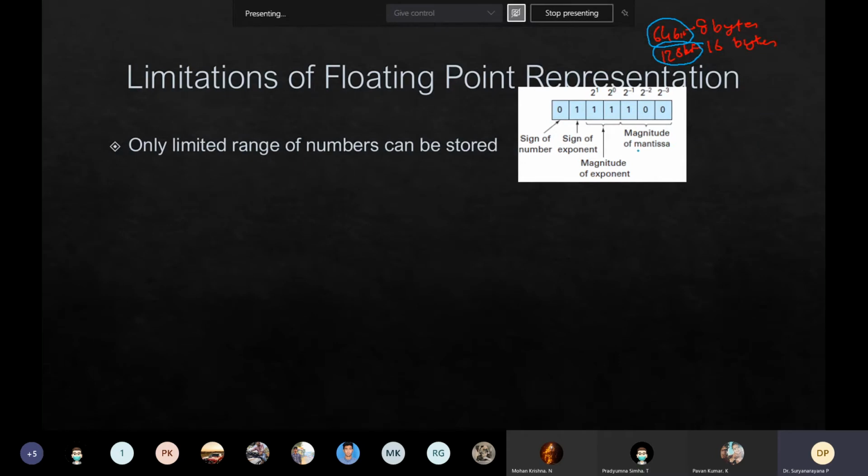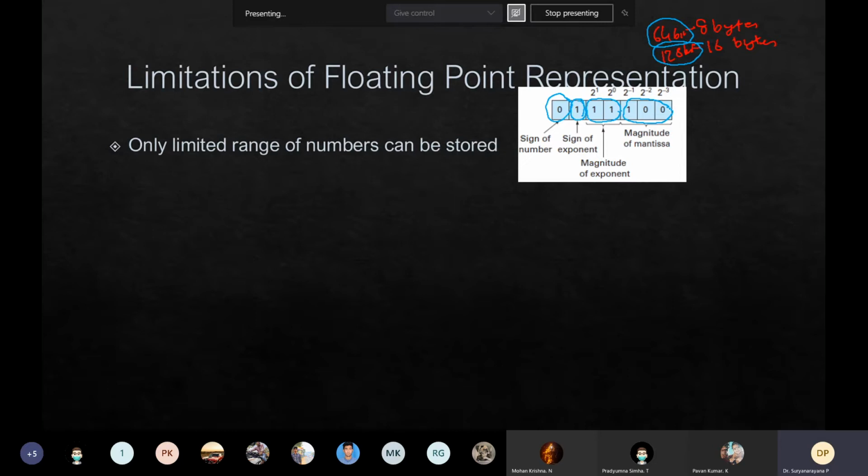From those 7 bits, you definitely have to keep one bit for storing the sign of the number. And then we have to keep one bit for the sign of the exponent. So 2 bits are gone. You're left with 5 bits. So to be fair, you'll use 2 bits for the magnitude of the exponent and 3 bits for the magnitude of the mantissa.